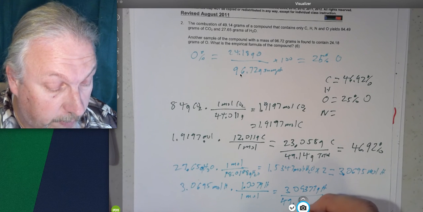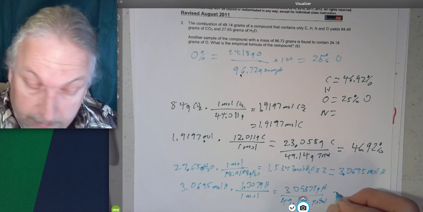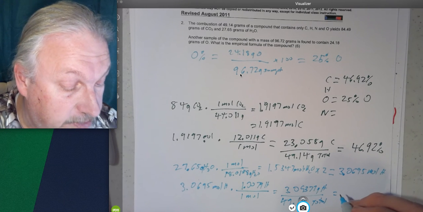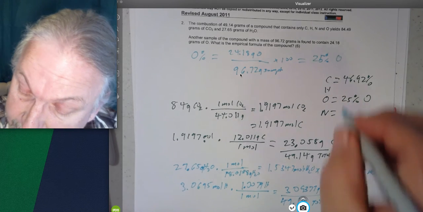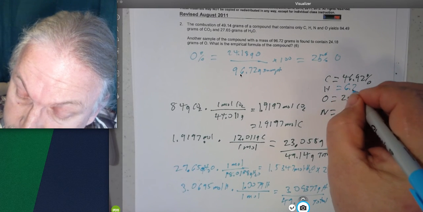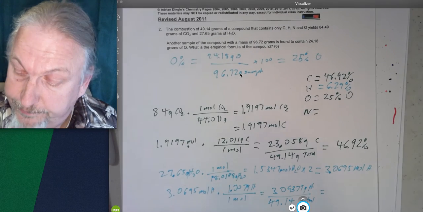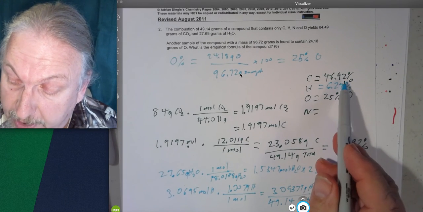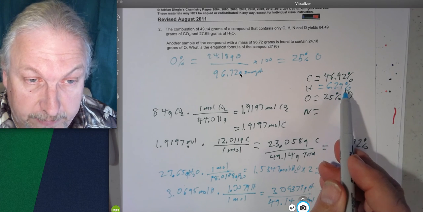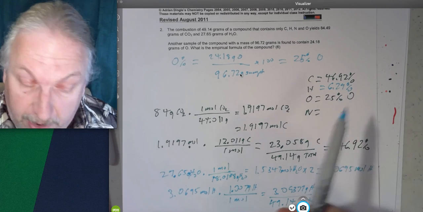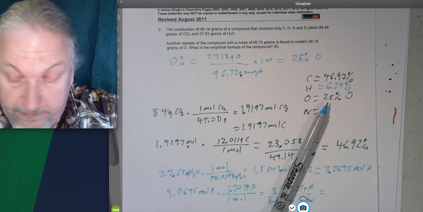So now, with what we've done in the past, we can set our table up, right? C, H, O, and N. We can assume we have 100 grams of sample because we've got all the percentages. So now we can find the empirical formula.